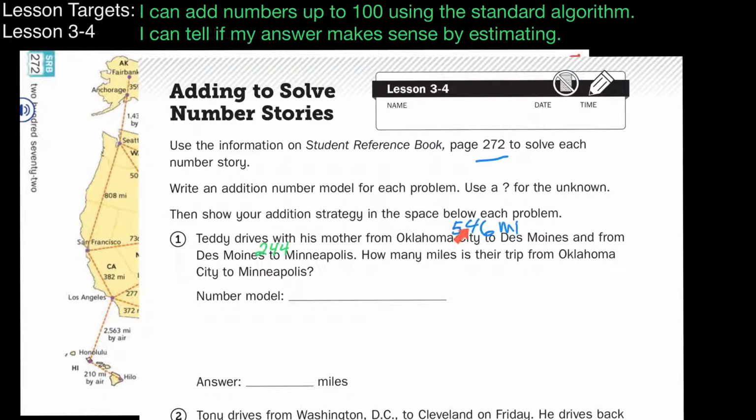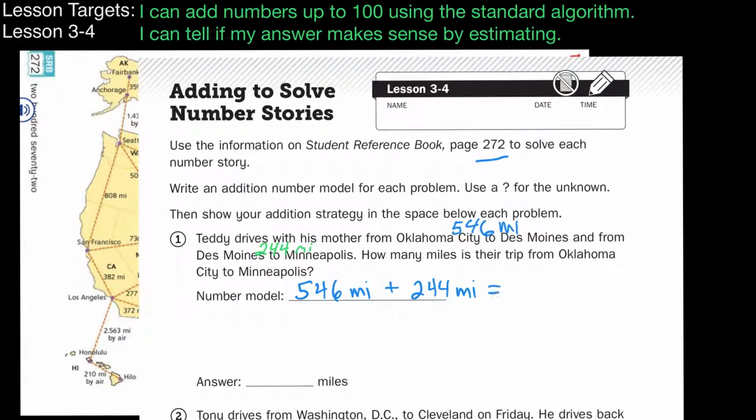How many miles is their trip all the way from Oklahoma City to Minneapolis? So if they traveled 546 first and then 244 miles second, I'm thinking that I need to add these numbers together. So I'm going to include my units when I write this. 546 miles plus 244 miles.